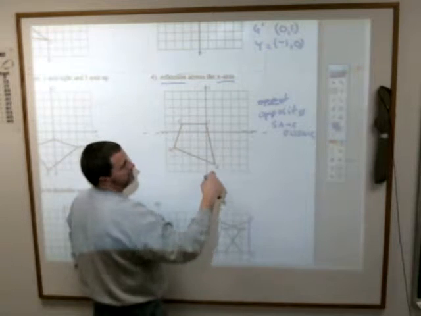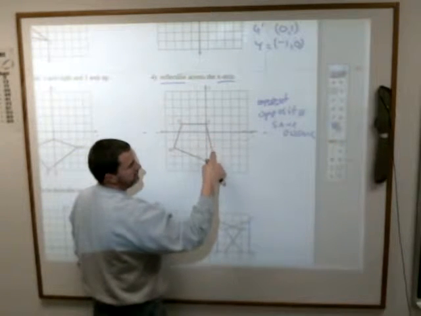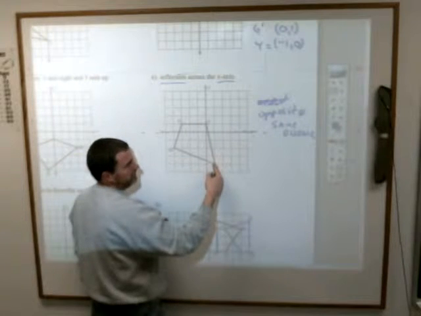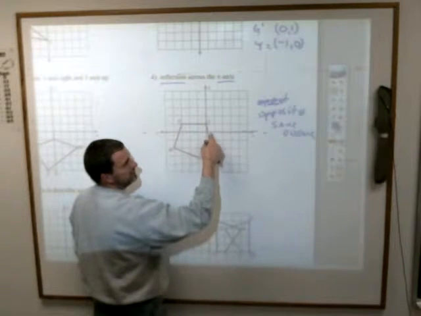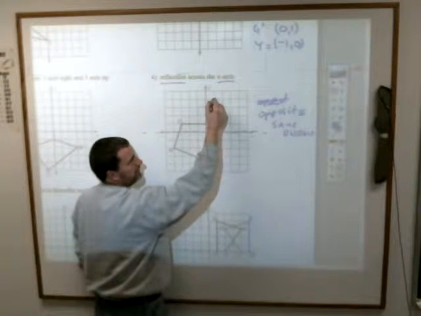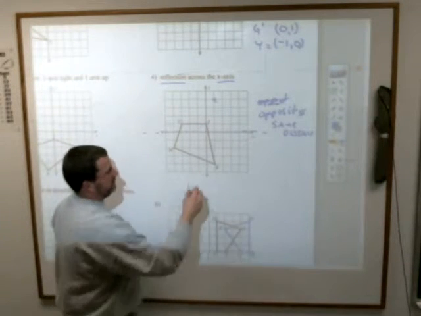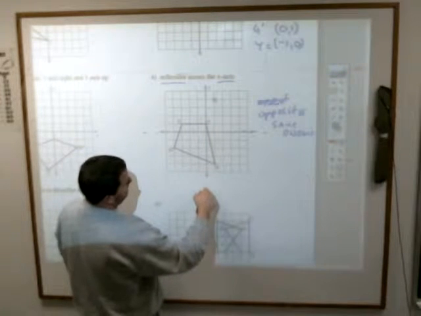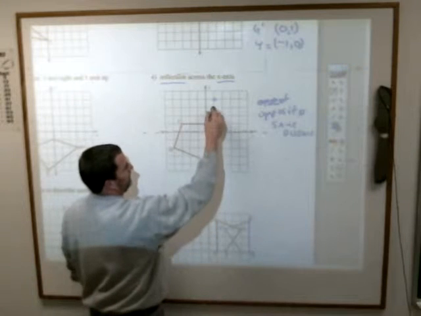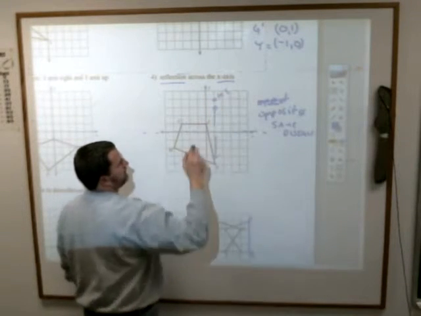In other words, point K is 1, 2, 3, 4 units straight down from the axis here. That means it's going to be 1, 2, 3, 4 units straight up on the opposite side. It's 4. So K prime is going to be 4 units that way.